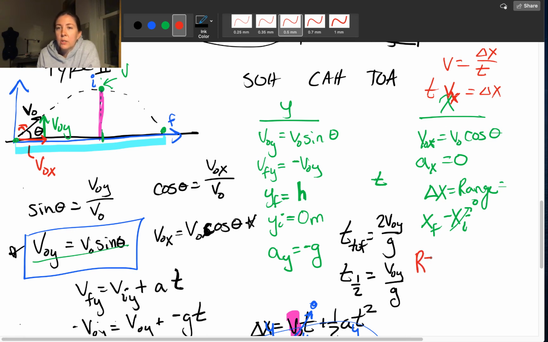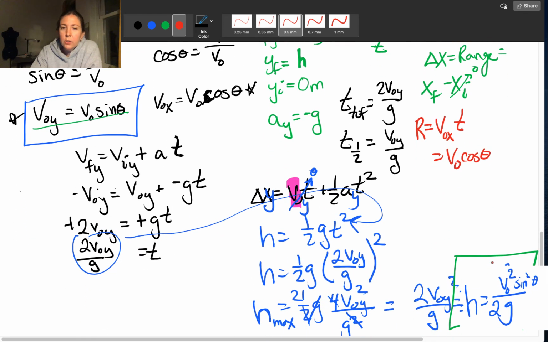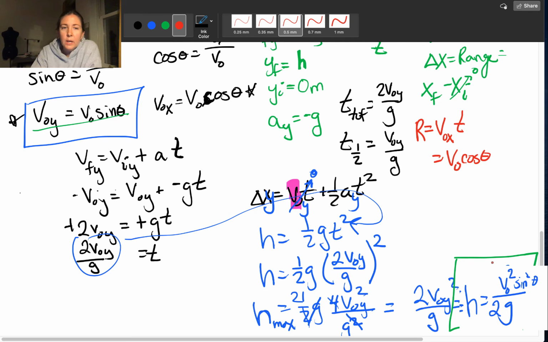So we just substitute in the things that we know. The range is going to be equal to v naught x times the time, where the initial velocity in the x direction is v naught cosine theta. And we can do some funky things here, but we have the time. Let's use this time given here. The time that the ball is in the air is going to be 2 v naught y over g.